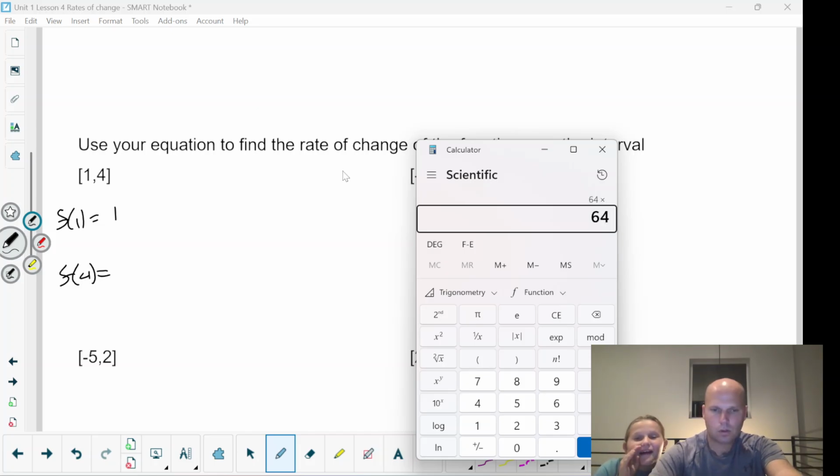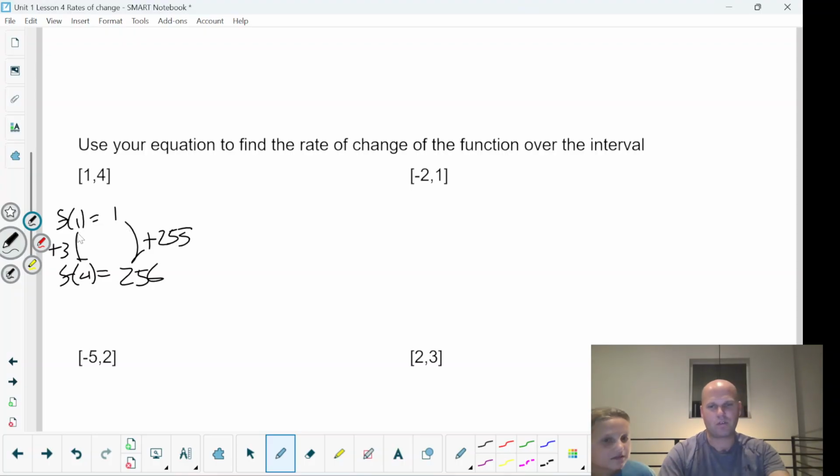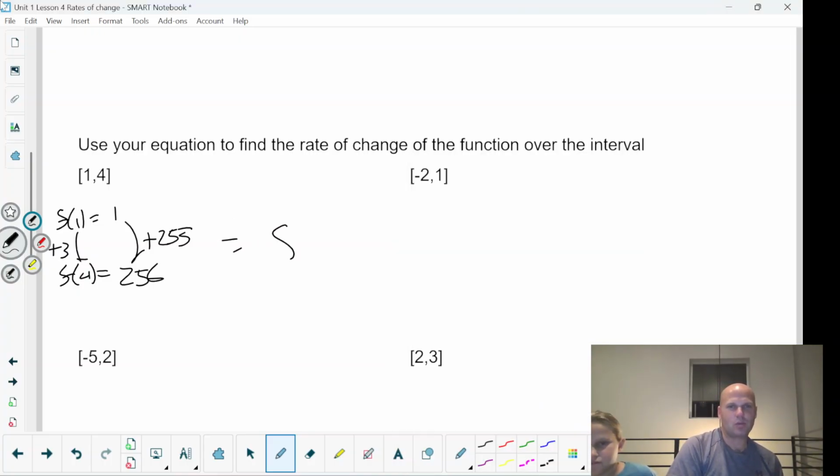Daddy's using a calculator. It's okay, 256. So I'm increasing 255 over the course of that 3. What's 255 divided by 3? 85. That's crazy. Slope is 85.